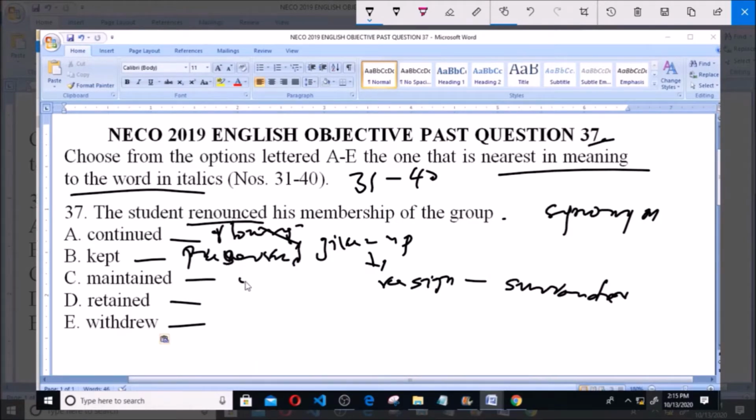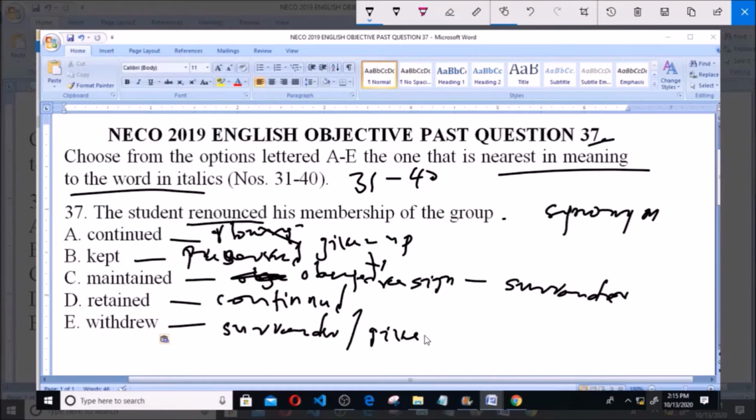Then maintained means obeyed. Then retained means continued. Then withdraw means surrender or give up. So it means that when you renounce, you withdraw. So option E is correct.